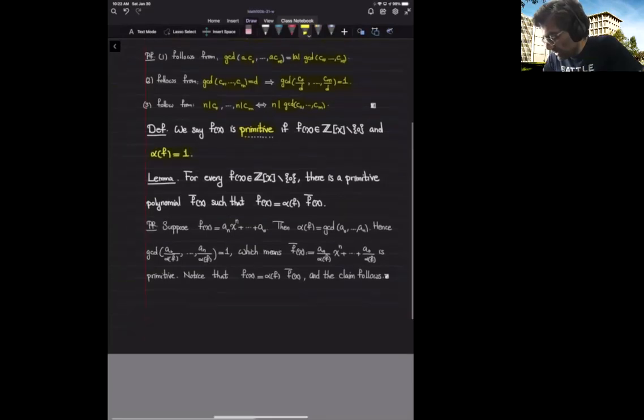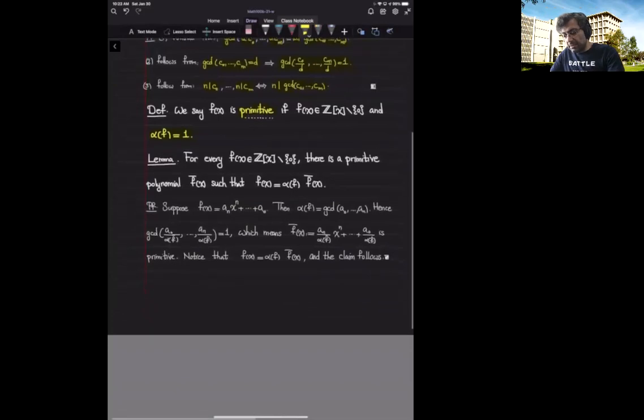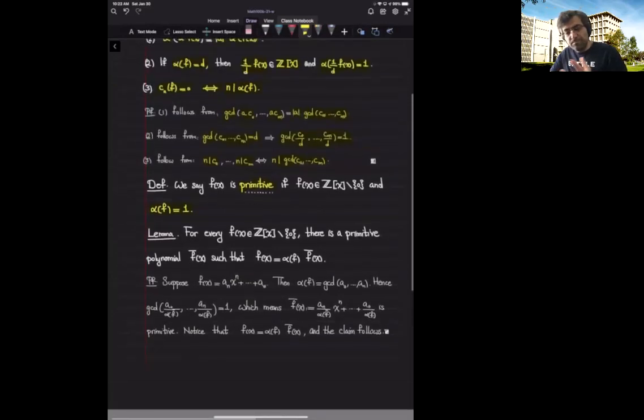Okay, now the next lemma prepares us to extend the definition of content to polynomials with rational coefficients. It's a kind of preparation. It gives us a connection between an arbitrary non-zero integer polynomial and primitive polynomials.